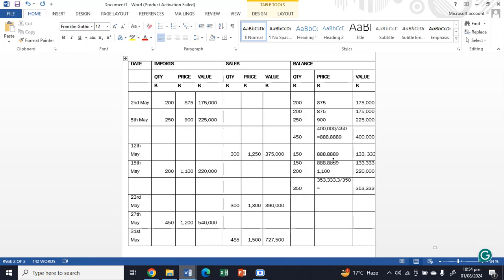We get 1,009.5. That's the average cost of inventory.